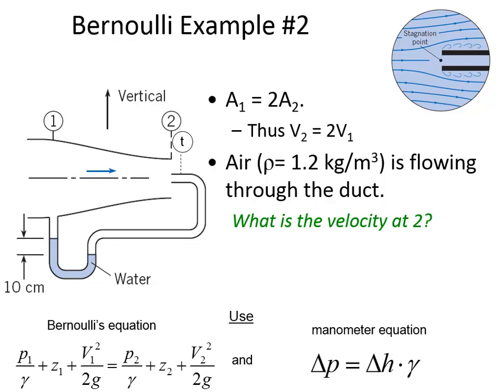Gamma times the velocity head term: gamma divided by g is density. So density is gamma divided by g. And that's where we have density times velocity at 1 squared divided by 2 is equal to the pressure in the tube. Okay, and finally, what we're going to do is substitute in the information from the manometer expression. Here, the manometer equation told us the difference in pressure between the two locations was 981.